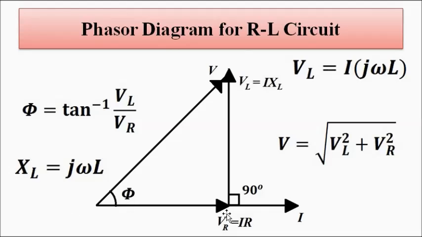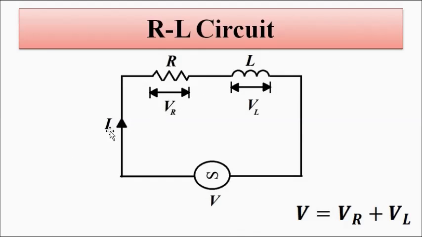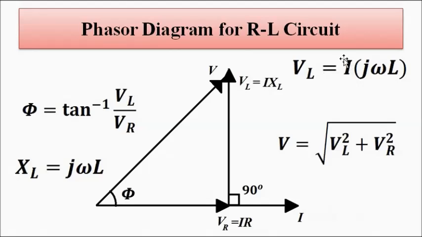And for a purely inductive circuit, the voltage drop across the inductor is given by I into j omega L, where j omega L is the inductive reactance.